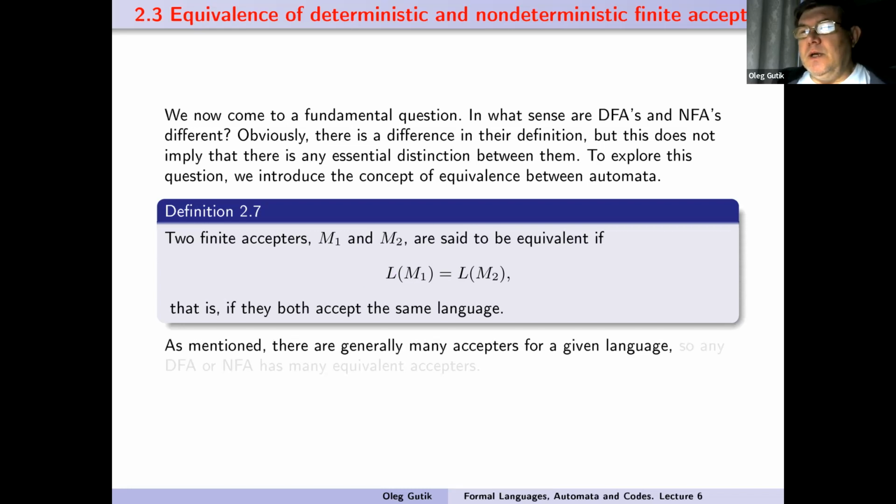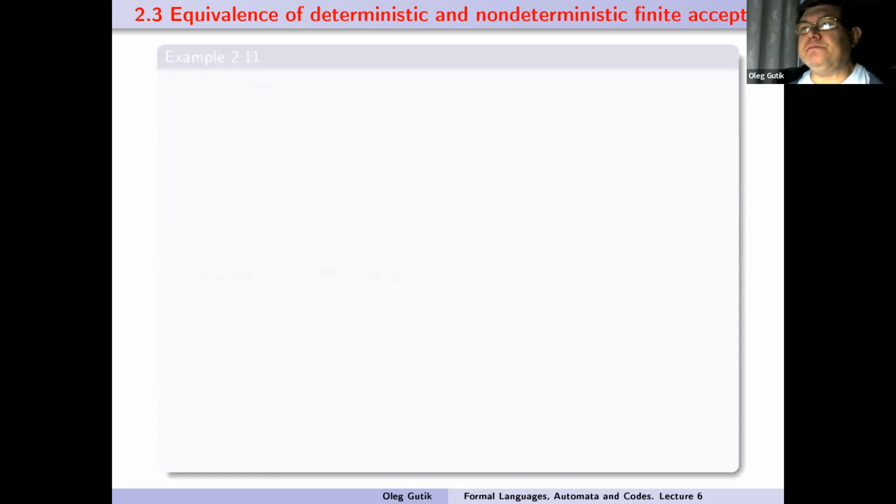As mentioned, there are generally many acceptors for a given language. So any deterministic finite acceptor or non-deterministic finite acceptor has many equivalent acceptors.